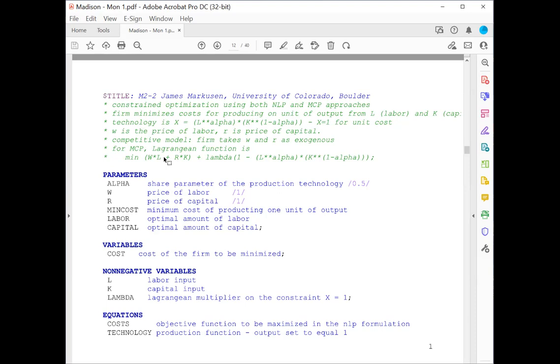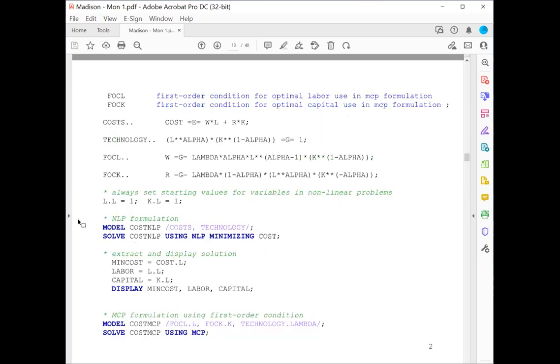Non-negative variables are labor, capital, and a Lagrangian multiplier on the constraint for X. Equations are two equations, cost and technology. So in the optimization, you're going to minimize cost subject to the technology as an equation.